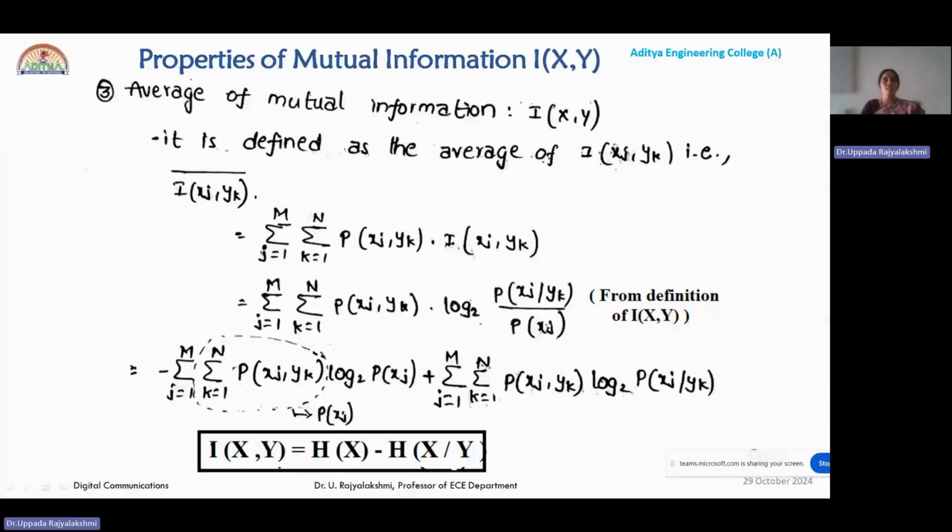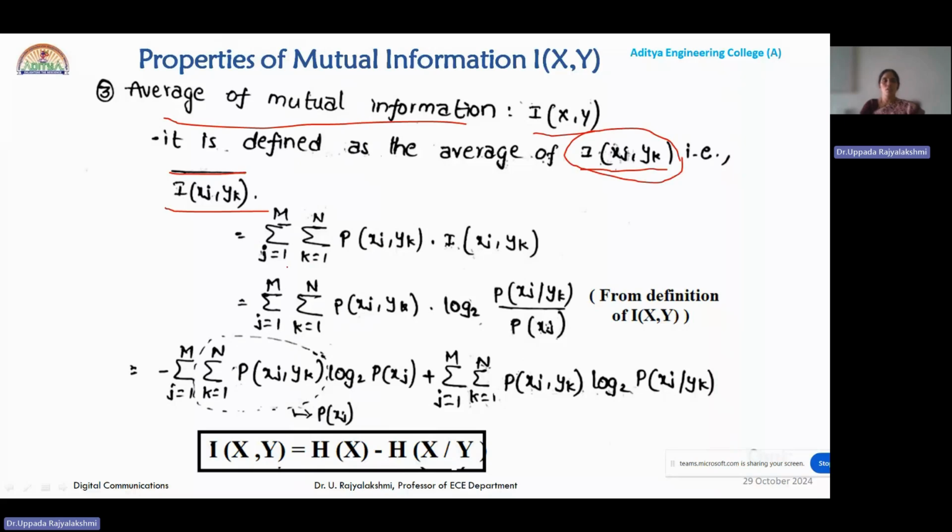And let us consider the third property as average of mutual information, which is represented as capital I of x comma y, which is the average of considering all the variables that range from j is equal to 1 to m and k is equal to 1 to n. So it is equal to I of xj comma yk and consider its average.